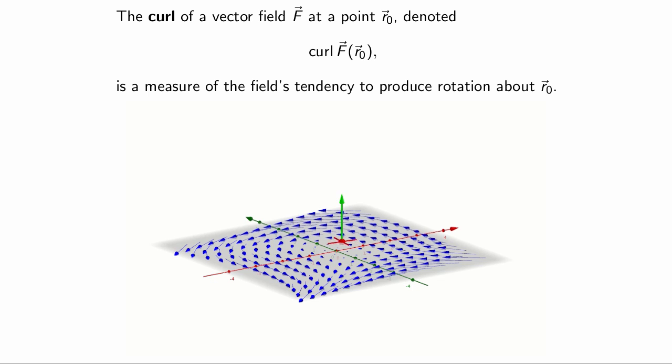The magnitude of the curl vector will be related to the rate of rotation. Faster rotation will correspond to the curl having a larger magnitude, while slower rotation will correspond to the curl having a smaller magnitude. Let's move the point to another location and observe how the curl vector changes.